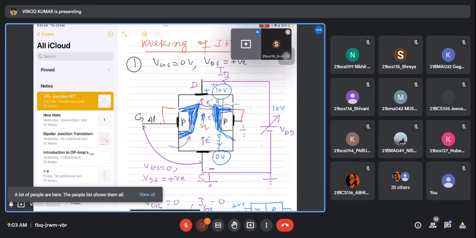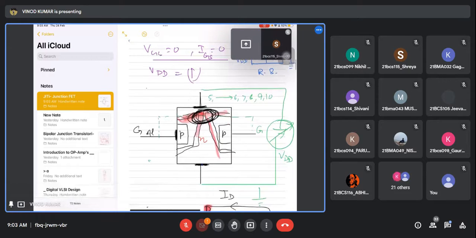These are the depletion layers. And we have discussed about the concept of pinch off voltage. This is nothing but pinch off. Okay, so electrons will move towards this side, right? And there is saturation at the pinch off voltage.